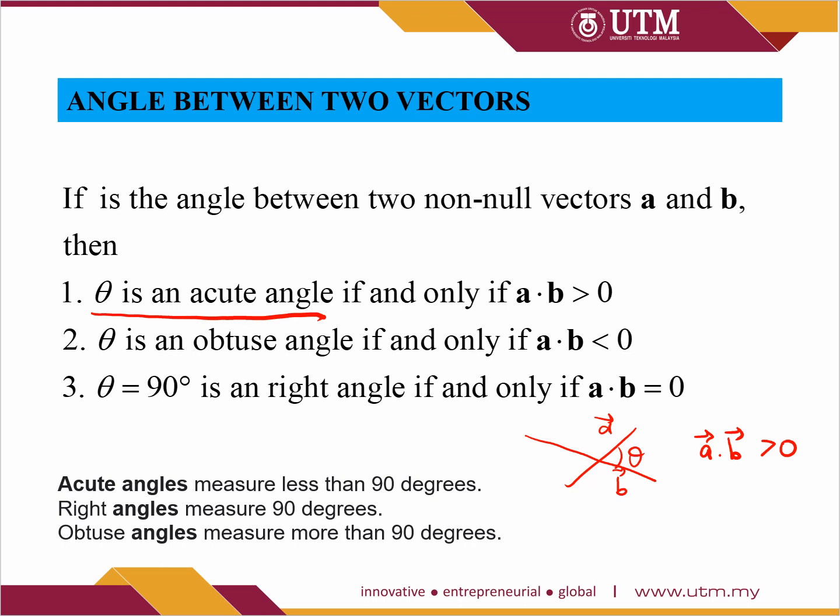And if A dot B is less than 0, then theta is an obtuse angle, meaning it is more than 90 degrees.